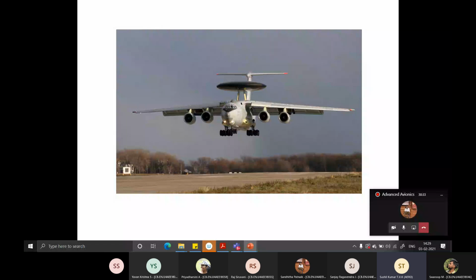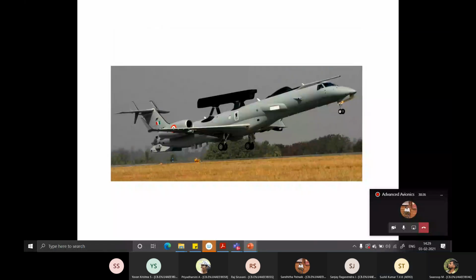What is the major difference you can see? Okay, this one is also mounted over the aircraft.